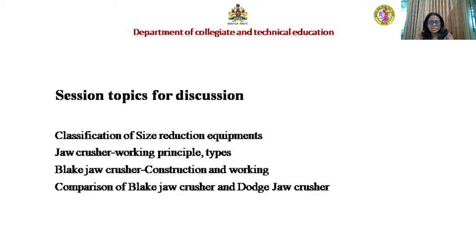So in today's session I am taking in detail about the jaw crusher, one of the very widely used crushing machines in industry. So let us start with the classification.